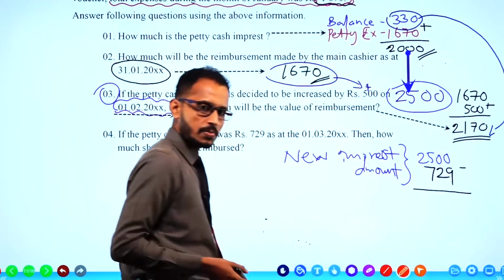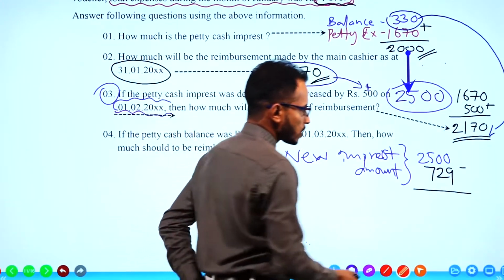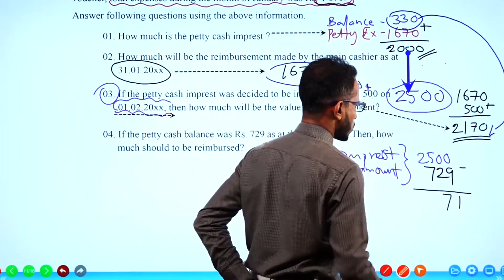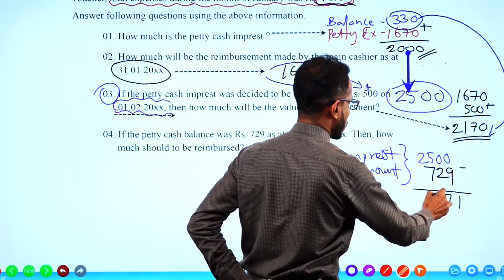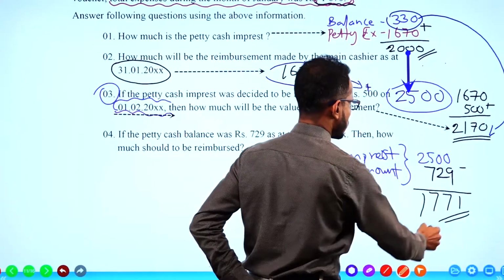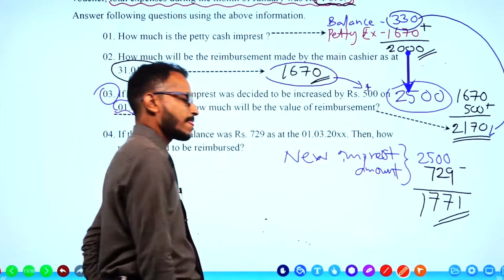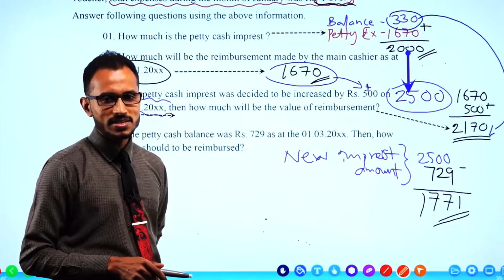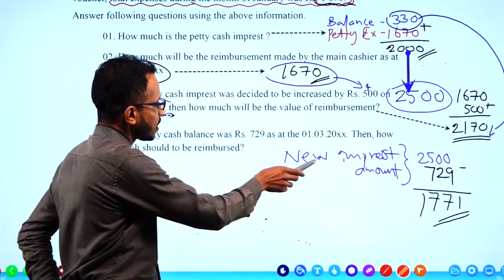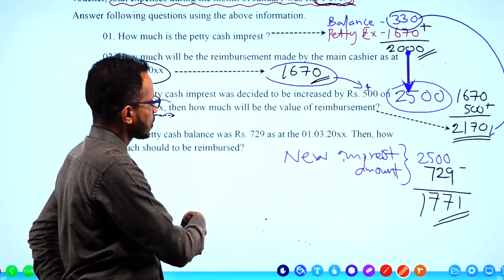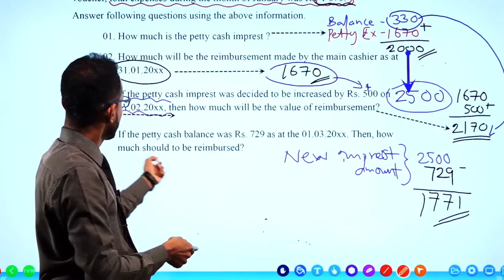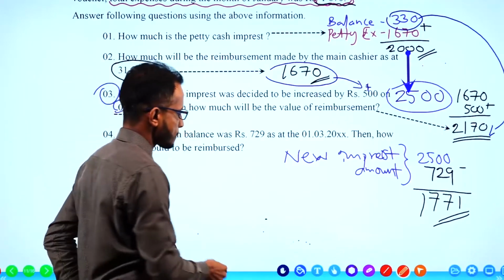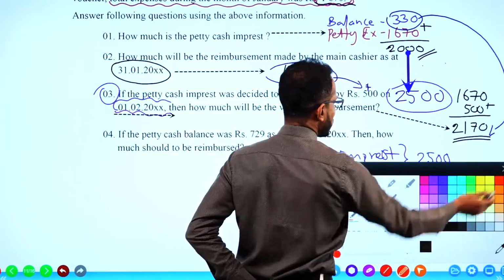How much is spent? That means how much is spent? $1,771 is spent. The spent amount is the amount which should be reimbursed. So how much should be reimbursed? 1,771. The spent amount in February.